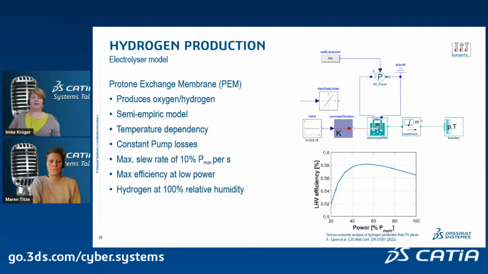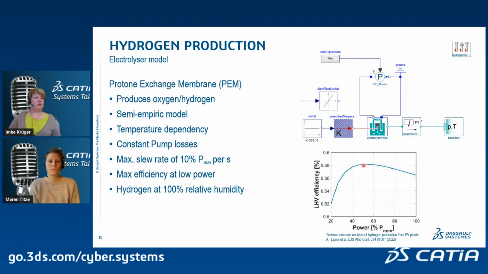So we're now taking a closer look at the electrolyzer model. This actually is the component from the Hydrogen Library. It's a proton exchange membrane electrolyzer. It produces oxygen and hydrogen on the electrodes. It's a semi-empiric model, so we need some measurements in order to parameterize it. It has a temperature dependency.